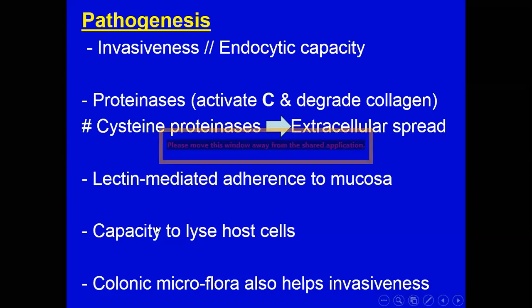With the capabilities of Entamoeba, the microflora, which are present in the intestine, also assist in the invasiveness by increasing the infection of the ulcers, which makes the ulcers more friable, softer, for invasiveness.